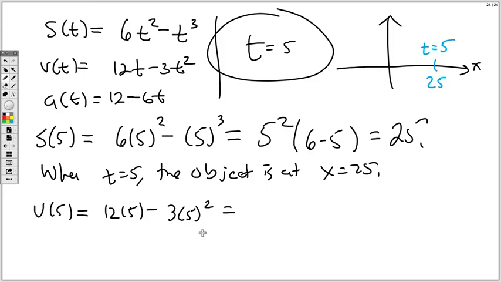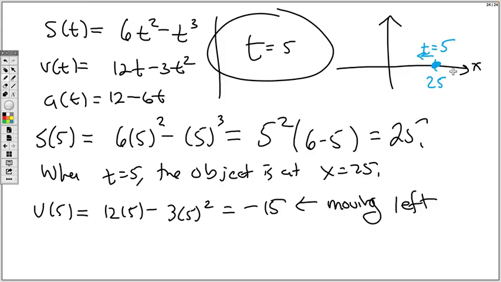That's 60 minus 75, which is negative 15. Since it's negative, that means it's moving to the left. So here's where the object is, and now I know that it's moving that way.